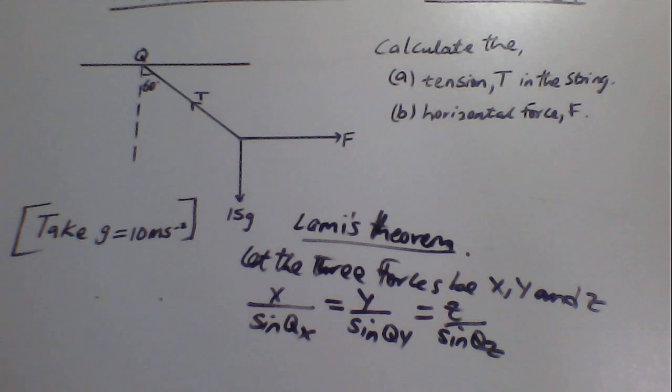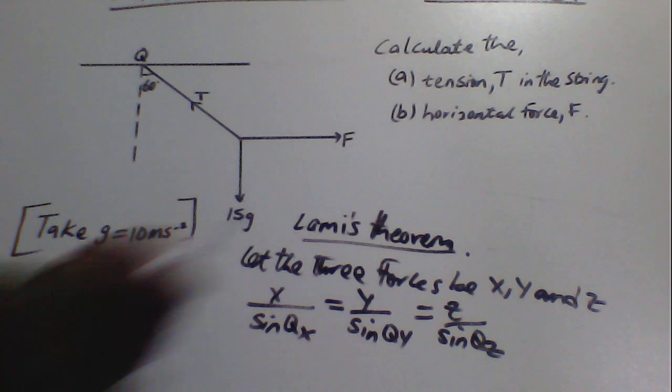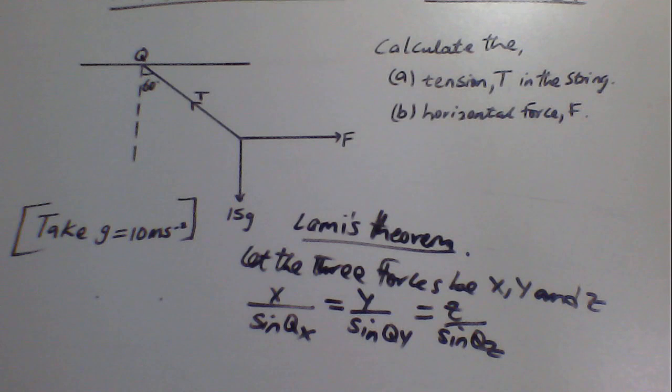So Lami's theorem can also be stated that when three forces are in equilibrium and acting at a point, each force is directly proportional to the sine of the angle opposite it.